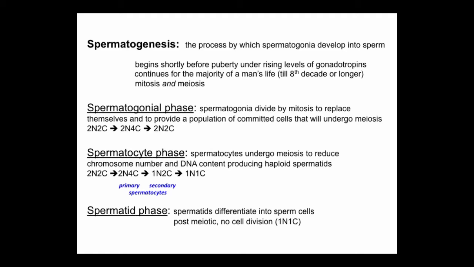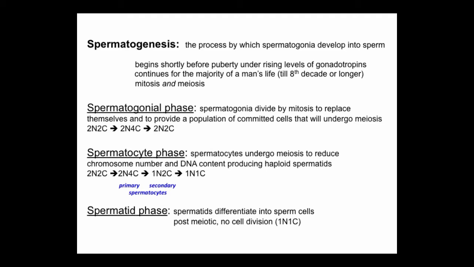The spermatocyte phase is where spermatocytes undergo meiosis to reduce chromosome number and DNA content, producing haploid spermatids. So the cells go from 2n2c to 2n4c before the first meiotic division. At the end of the first meiotic division, the cells are 1n2c. At the end of the second meiotic division, the cells are 1n1c.